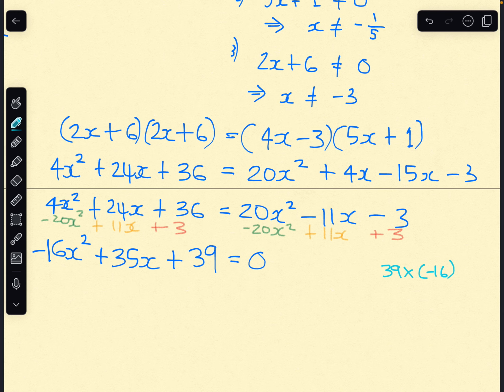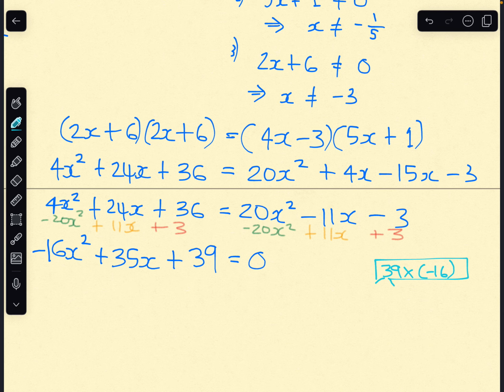We're looking for factors of this product that will add up to 35. Okay, so 39 and 16 doesn't work because the difference between them is 23. So that's not quite it.